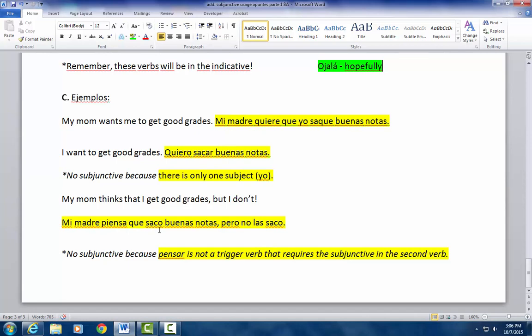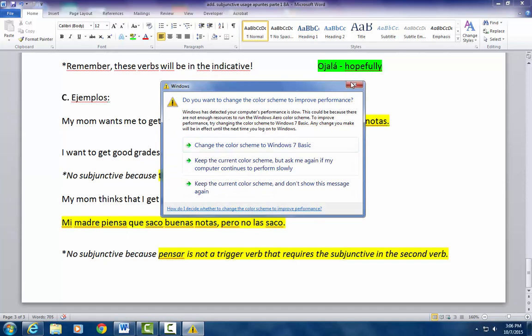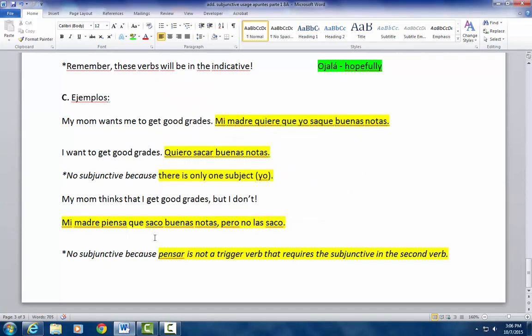And then saco is conjugated for subject 2, and it's verb 2. So, at first you can see it looks very similar to a subjunctive sentence. However, our first verb, piensa, pensar, is not a trigger verb that requires a subjunctive in the second verb. Therefore, this sentence is not a subjunctive sentence.